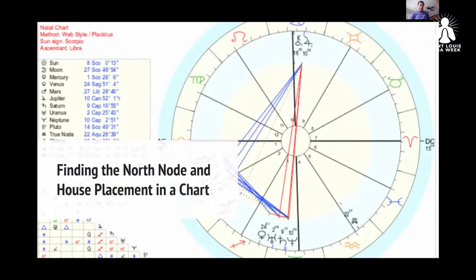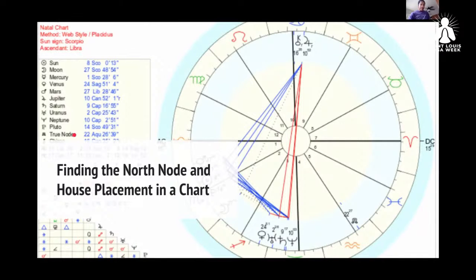So here's an example of a chart, and it's blown up a little bit, but this is from astro.com. I'll just highlight where you would look with the little red pointer. In this listing on the left-hand side, there's a table telling you Sun, Moon, Mercury. These are all the different planets in your chart.